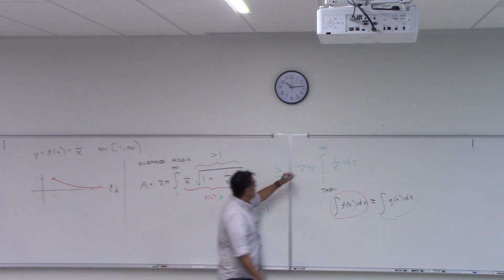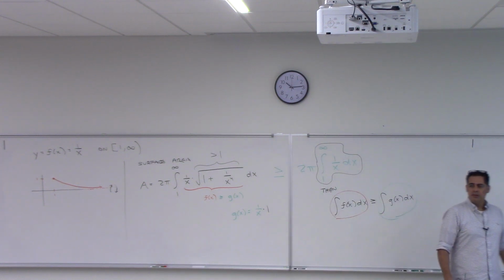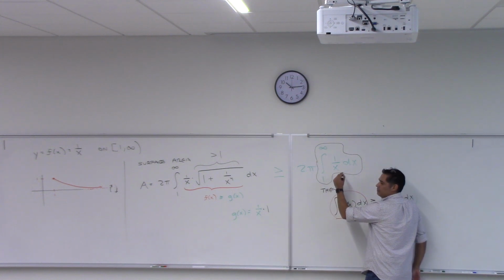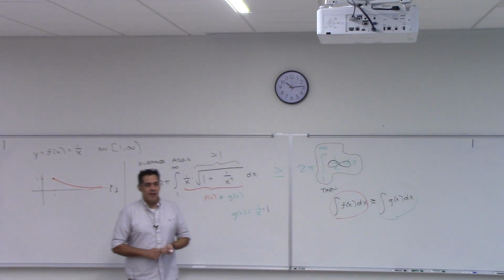Do y'all remember this example? This is one of the first improper integral examples I did in class. It's in your notes. What did we get for that answer? We got infinity.